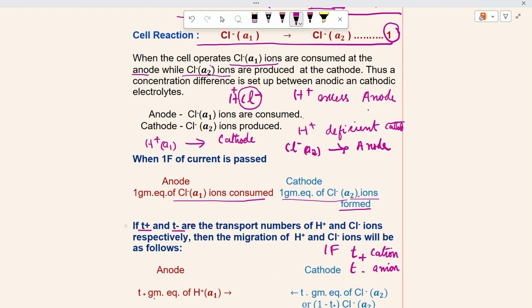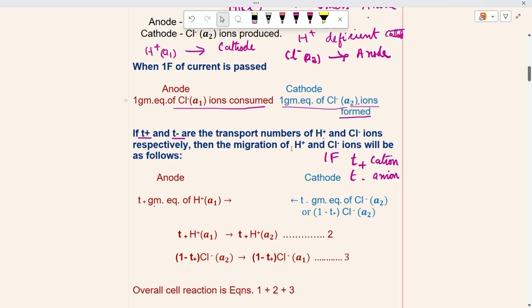That is what we call the transport number or transference number. So, when 1 Faraday of current is passed through the solution, that is as the cell is running, we have T plus gram equivalents of H plus ions migrating. At the same time, T minus gram equivalents of Cl minus ions migrate, and the direction of migration is as shown below.